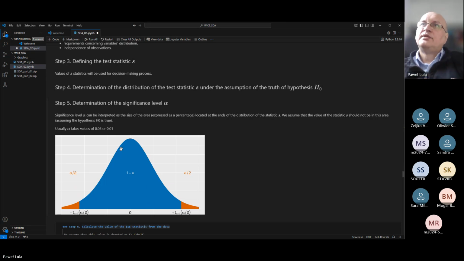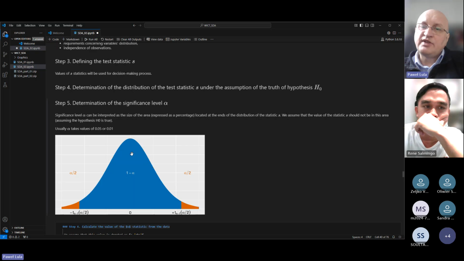And next, having the information about the distribution, we should define the significance level. The significance level is represented by this alpha symbol. If we know the distribution of our test statistic, we know that the area under this curve is always equal to 1.